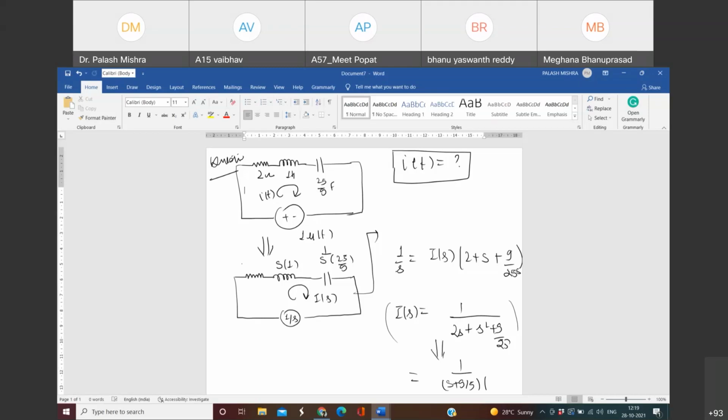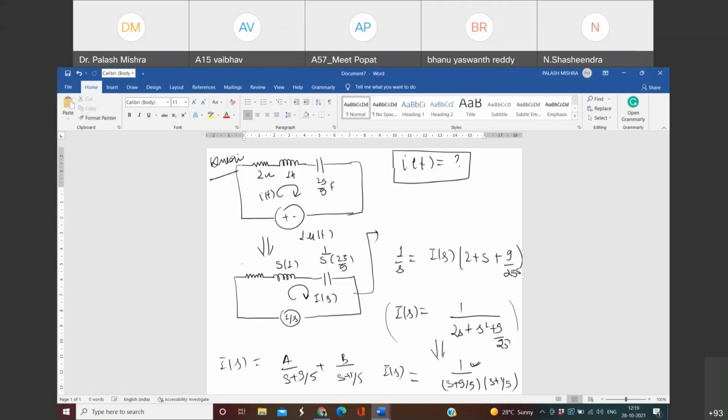Is it covered or not? Yes? No? Partial fractions? Yes, sir. So you have to apply the partial fraction technique here to write IS in the form of a upon s plus 9 by 5 plus b upon s plus 1 by 5.